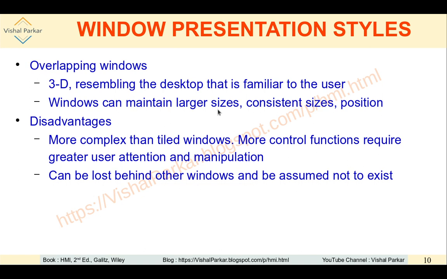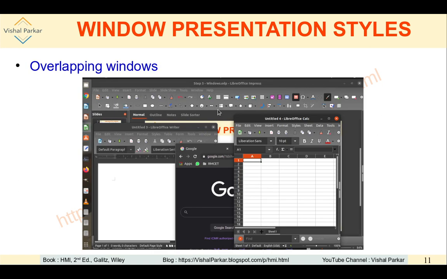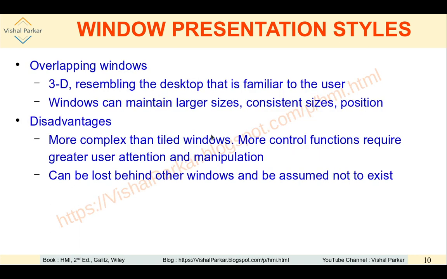They can have larger sizes. For example, here each of the windows can be maximized, and that can be present one on the other. So they can have larger sizes, and they can have consistent sizes as well as position. So that is the advantage.